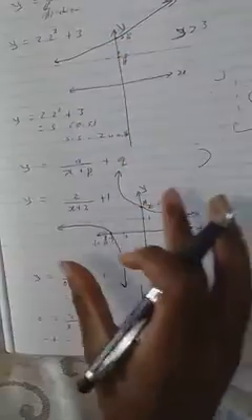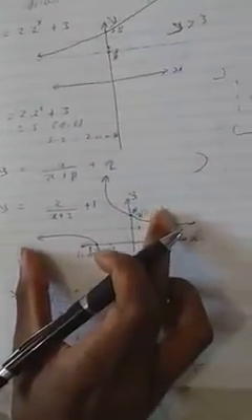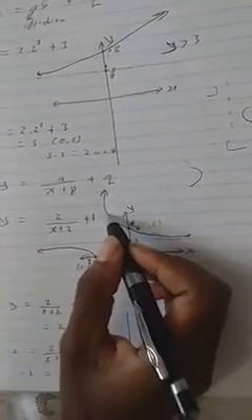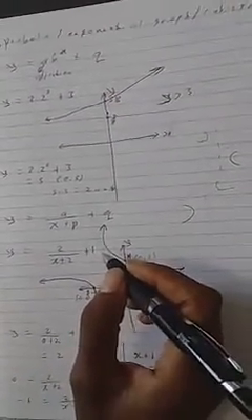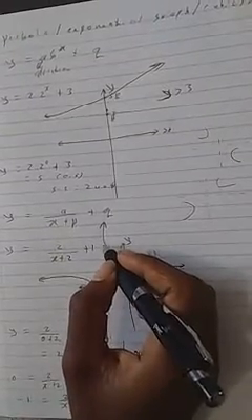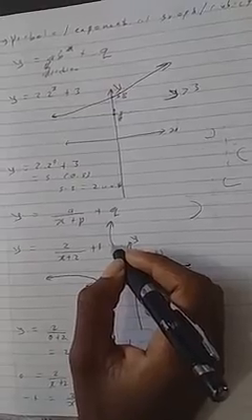If this graph were to be here, somehow if we can take that graph to here, it would cut this graph and this graph. So you might be asked the coordinate of the point where these meet, or cut each other.